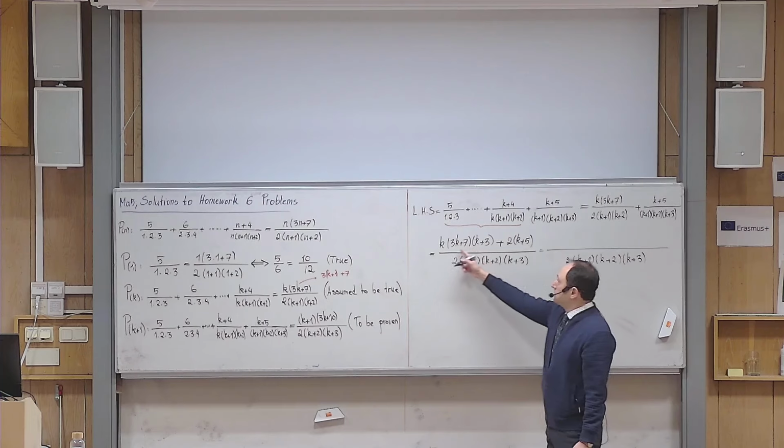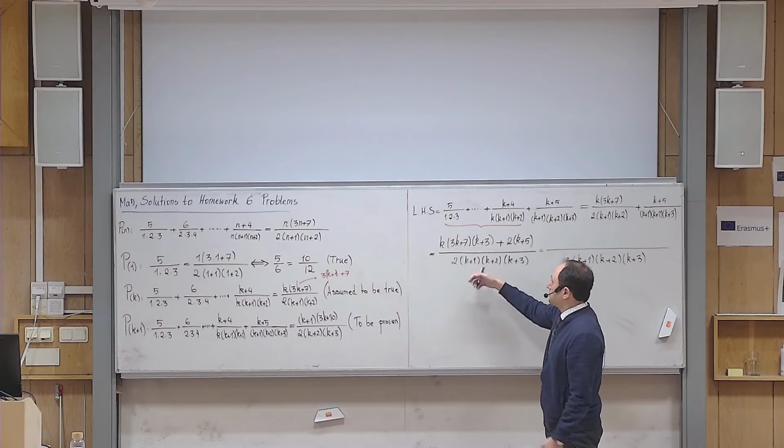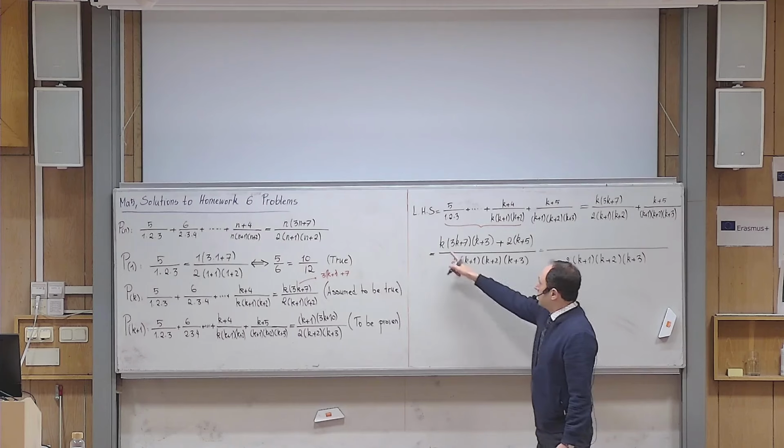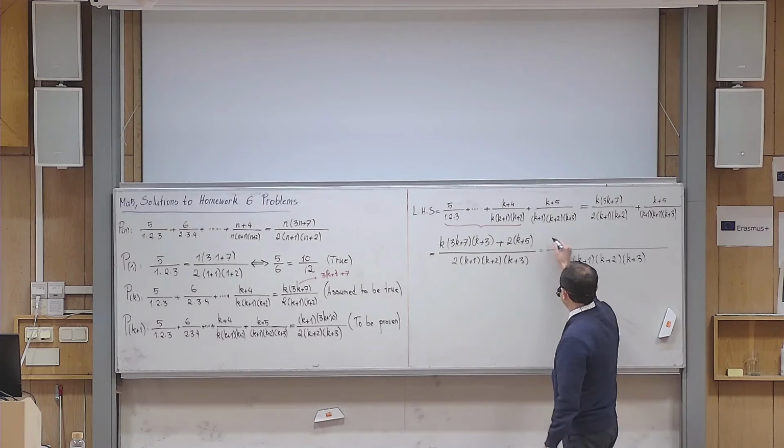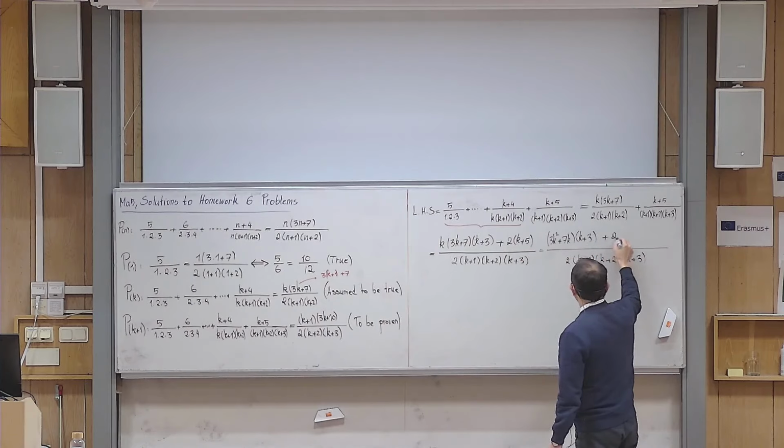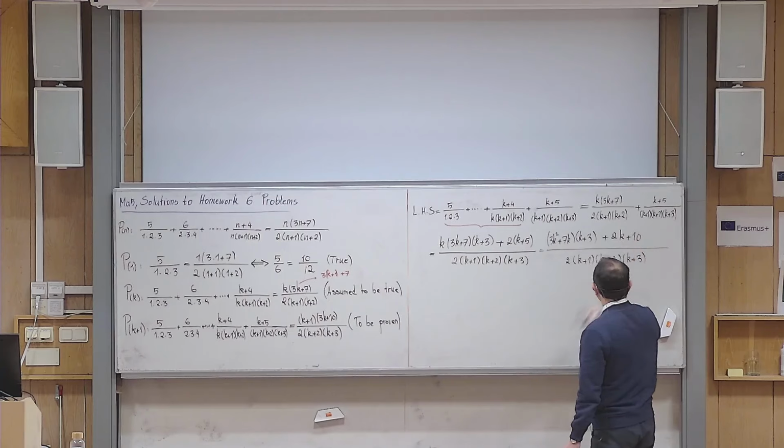But the numerator is not in factorized form because it's a sum. So let me open it up. I multiply k inside because there are three expressions. I multiply k inside first, so it becomes 3k squared plus 7k. And then I have to multiply it by the next factor. Here I multiply 2 in, so it becomes 2k plus 10.